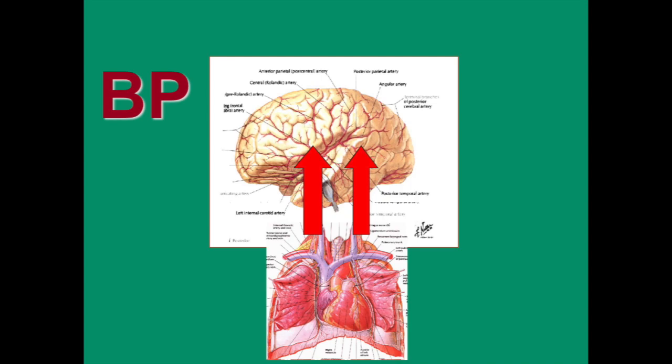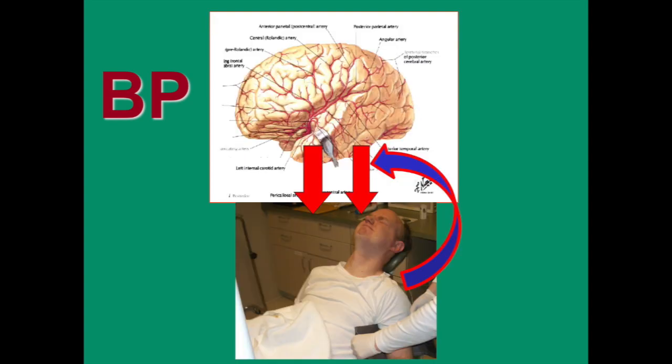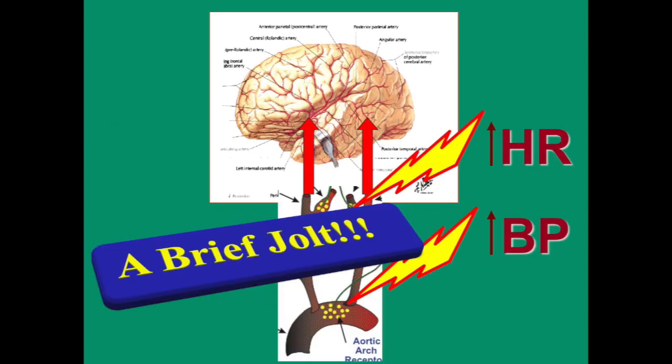So if you sedate a patient, you're sedating those aortic and those carotid baroreceptors, and you don't want to sit a patient up fast or they could crash on their blood pressure. They'll become orthostatic hypotensive, drop in blood pressure. So it's a brief jolt to increase their blood pressure for just a beat or two to keep blood flowing to the major organs, especially the brain.